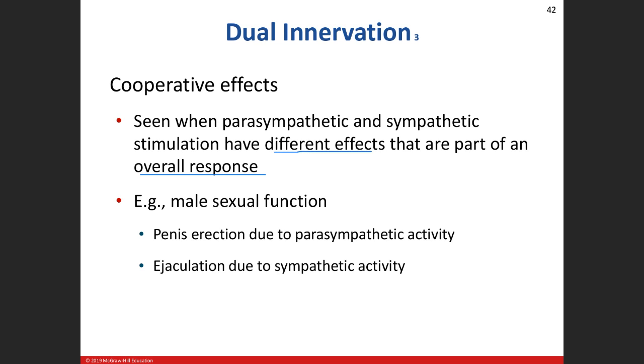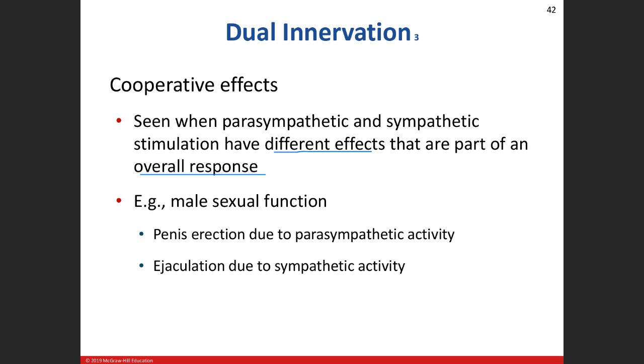For intercourse, parasympathetic helps the male obtain an erection, then the sympathetic will cause ejaculation. But it's all part of the same sexual act. So it's a cooperative effect. You're going to see more antagonistic effects compared to cooperative effects, but that's just one of the examples.